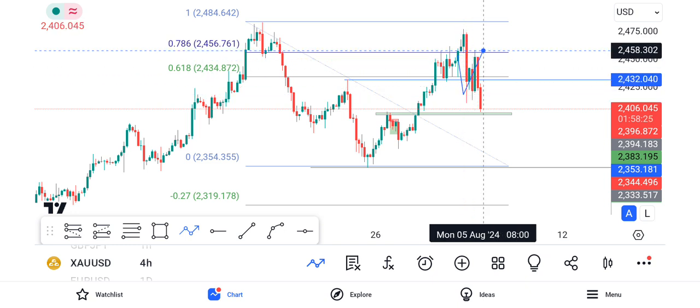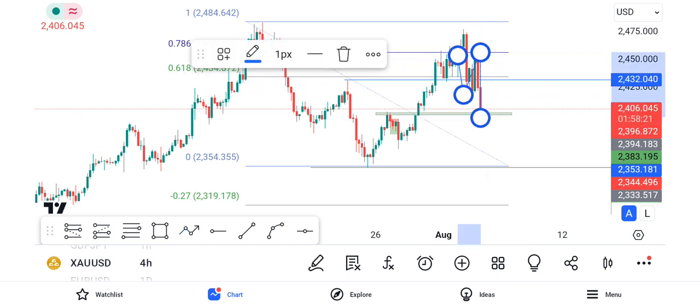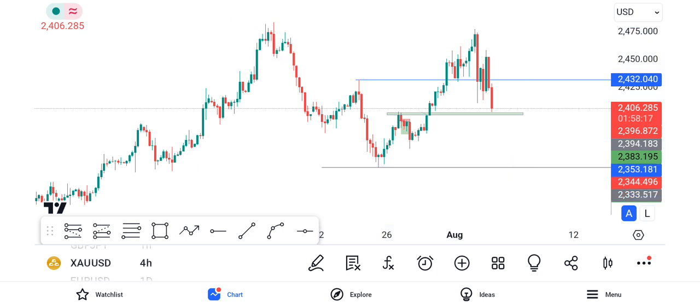We tested that level, and it starts shooting down, because the overall bullish confirmation is not that strong right now on the 4 hour time frame.